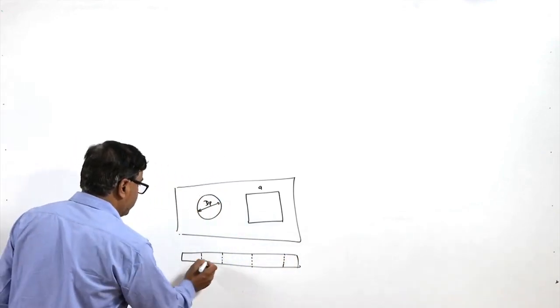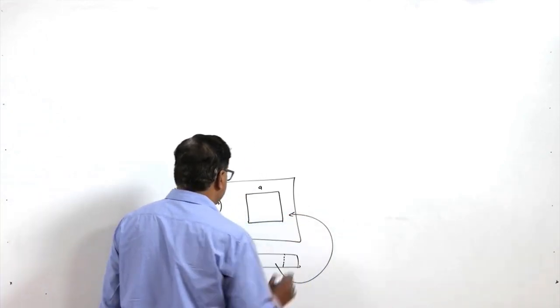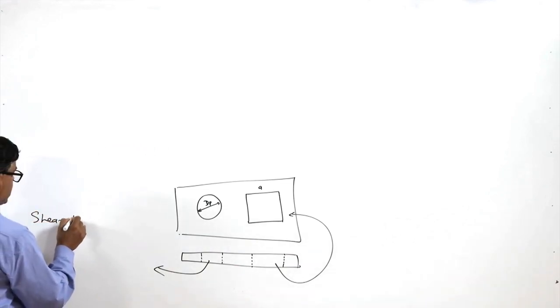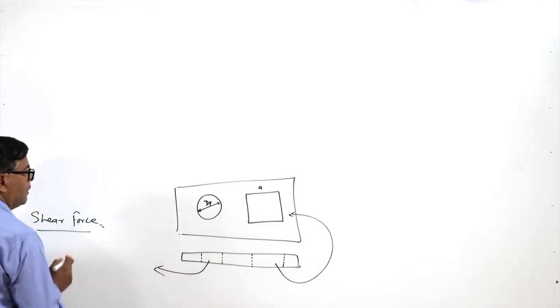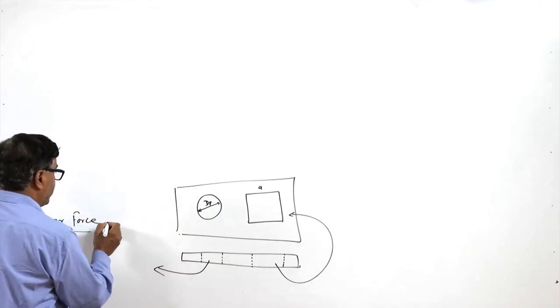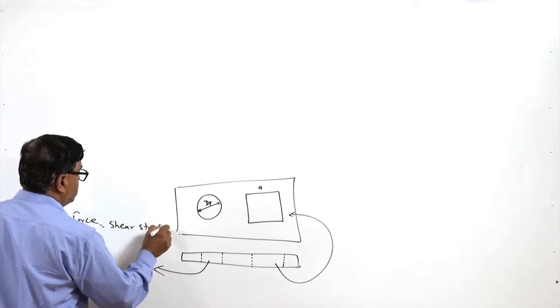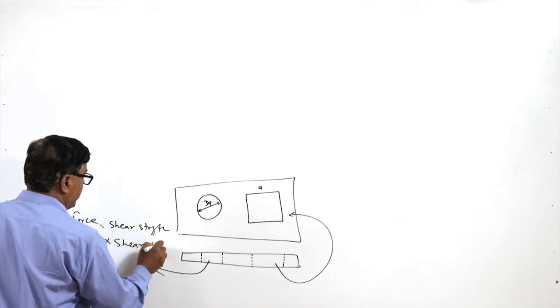So if you have to calculate the force required for shearing for these two cases, what we need to do is, the shear force for making these holes can be obtained through the shear strength of the material multiplied by the shear area.